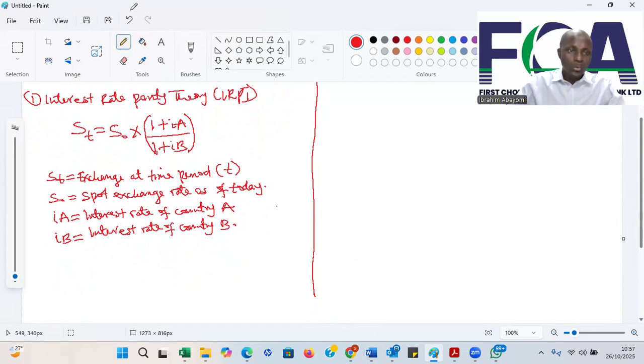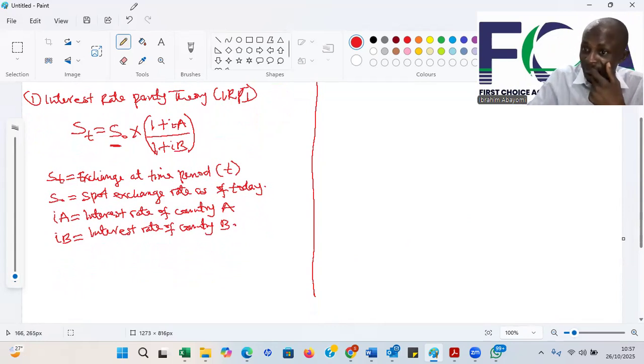What I want you to do is just look at the currency of the spot exchange rate and identify which country spends that currency. If the currency of the spot rate is United States dollar, for instance, in the numerator, that is IA, the interest rate of inflation should be there.